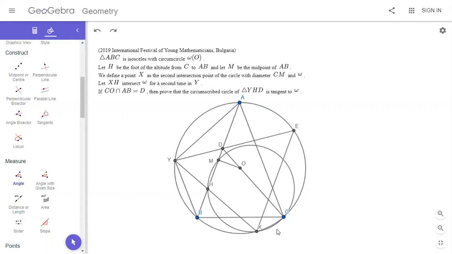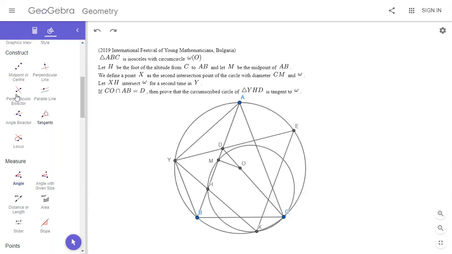Isogonal line lemma might be a little tricky here. Let's see. BYH equals AYD. That's the key here.